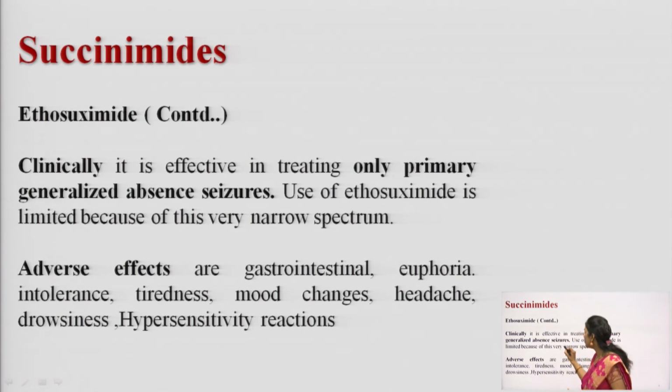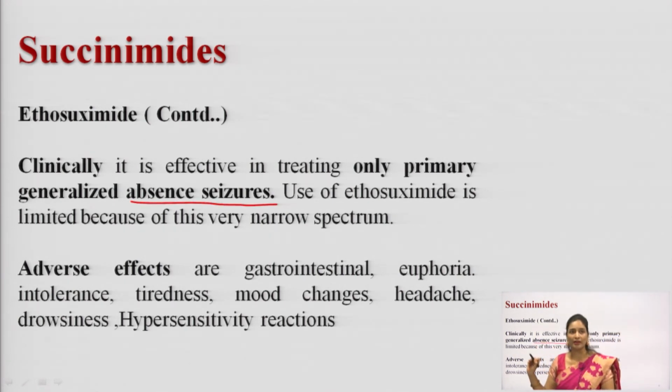In this condition, absence seizures, we can use the ethosuximide drug. This drug has limited use because of its narrow spectrum activity. Which drugs have narrow spectrum activity? Ethosuximide, barbiturates, warfarin, phenytoin. All these drugs have a low therapeutic index, so even a slight increase in dose causes an increase in toxicity.